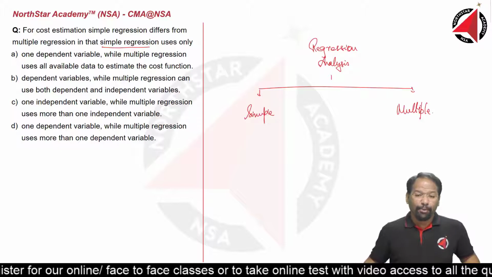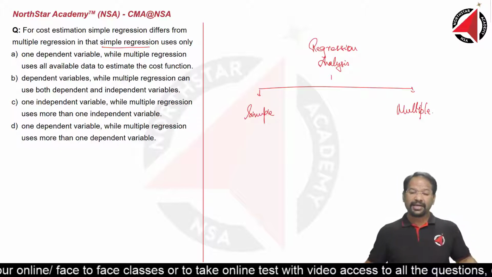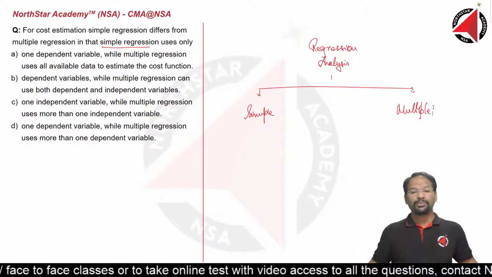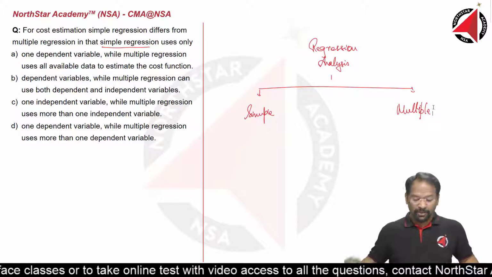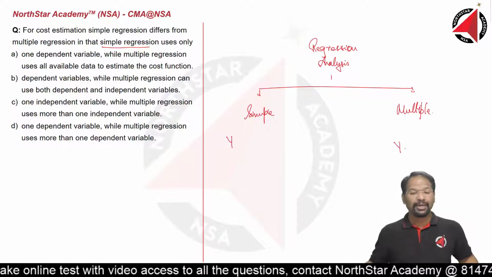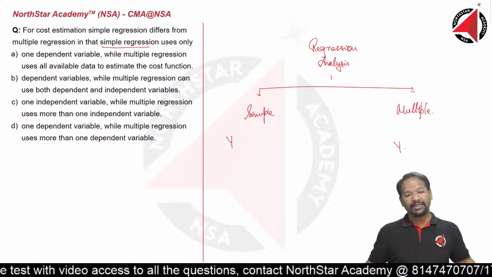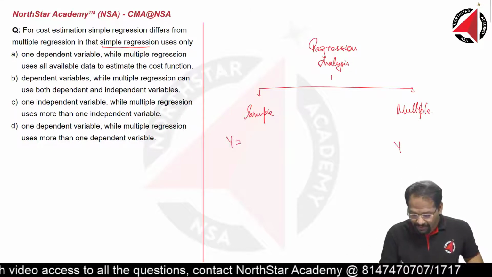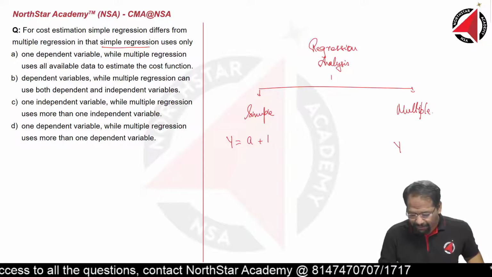Under both simple and multiple regression analysis, there is always going to be one dependent variable, which is denoted as y. So in simple as well as in multiple, there is only one dependent variable, and y equals a plus bx.